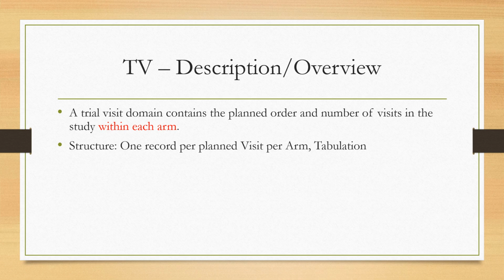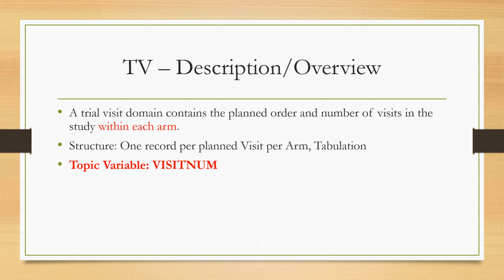However, another point to note regarding the ARMCD and the visit dependency is that if some visits are the same for all arms and some visits differ by arm, then ARMCD and ARM should be populated for all records to ensure clarity, even though this means creating near duplicate records for visits that are the same for all arms. We will explore this concept in detail in a few minutes in this video.